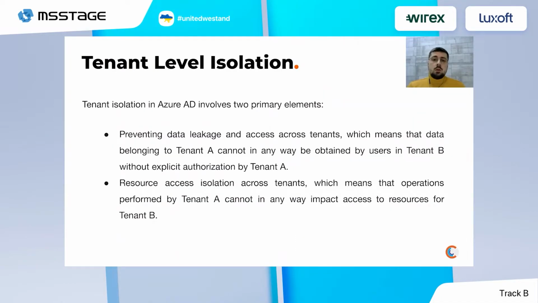The first option is tenant level isolation. In the cloud-enabled workplace, a tenant can be defined as a client or organization that owns and manages a specific instance of the cloud service. With the identity platform provided by Microsoft Azure, a tenant is simply a dedicated instance of Azure Active Directory, or Azure AD, that your organization received and owns when it signed up for a Microsoft cloud service. Each Azure AD directory is distinct and separate from other Azure AD directories.